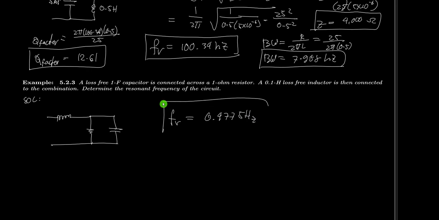You practice to derive this one. This is the circuit. You just do the same thing, just like what we did in our discussion. After deriving the formula for f of r, you can substitute the values of the given and solve for the actual value of the resonant frequency. It should be equal to this, 0.4775 hertz.